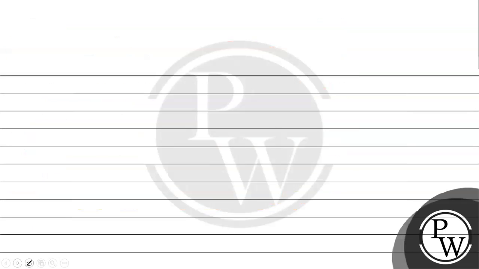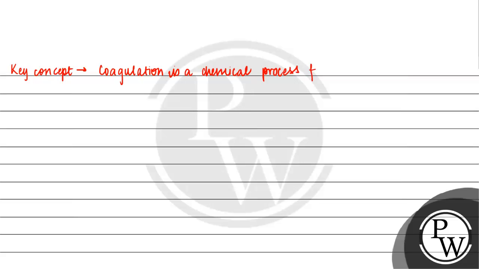Now let us first write the key concept of the question. So key concept of the question will be coagulation is a chemical process for removing particles in suspended or colloidal form.